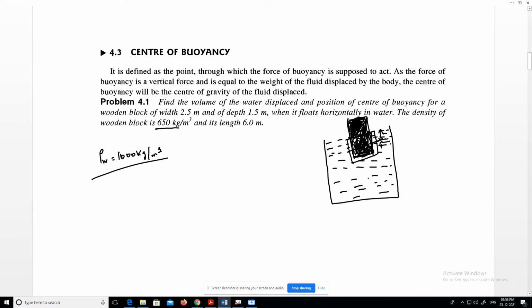Please write down the given data. What are the data given? Width of the body W is equal to 2.5 meter, depth T is equal to 1.5 meter, and length is equal to, what is the length?